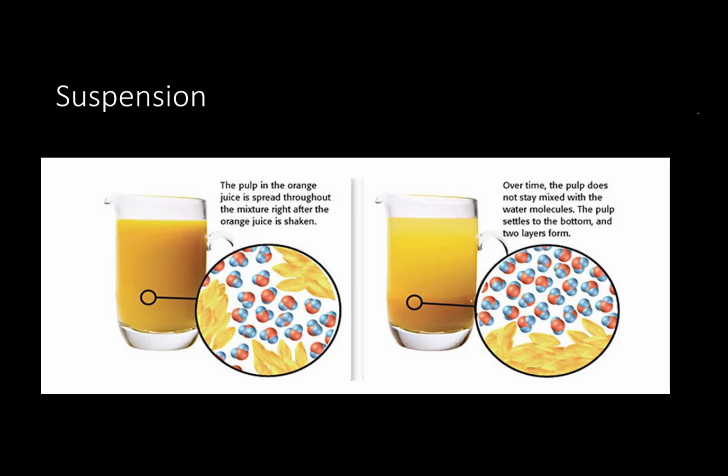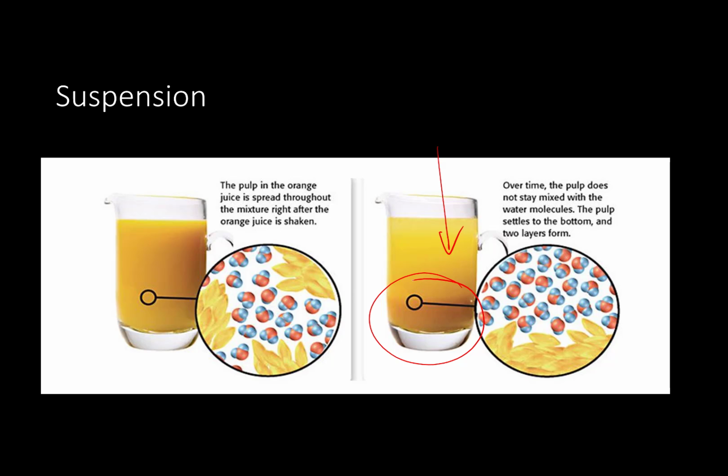Orange juice would be a very good example of a suspension because if you let it sit for a while, as you can see in this picture, a lot of the little particles in the orange juice will settle out. That's why the bottles of orange juice say to shake well before opening, okay? Because that will mix all of those particles and put them back into suspension, whereas they had previously settled out of suspension. So that's an example of a suspension.